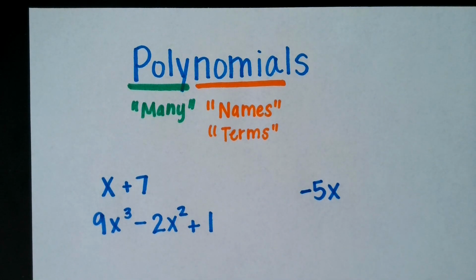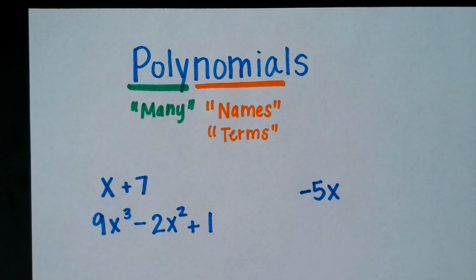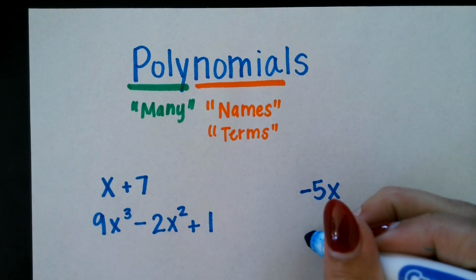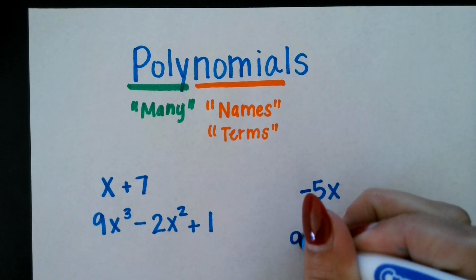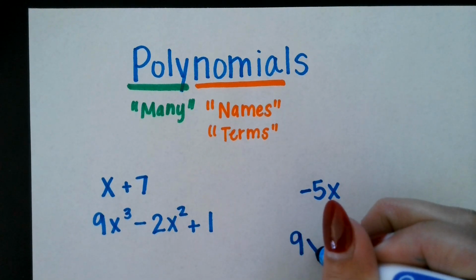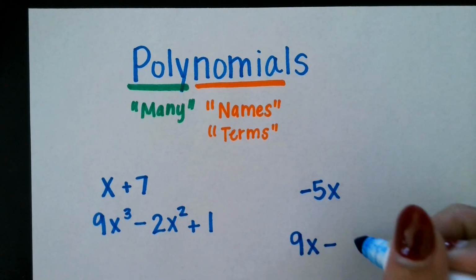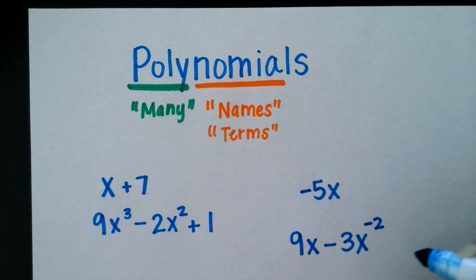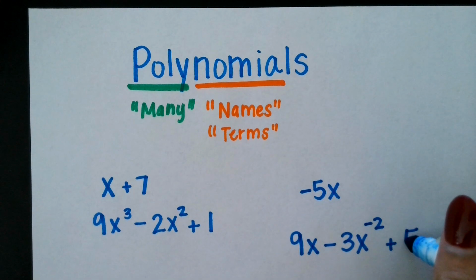Okay, so to create a definition of what a polynomial is, let me show you something that's not a polynomial to compare it with. This would not be a polynomial: 9x minus 3x to the negative 2 power plus 5.